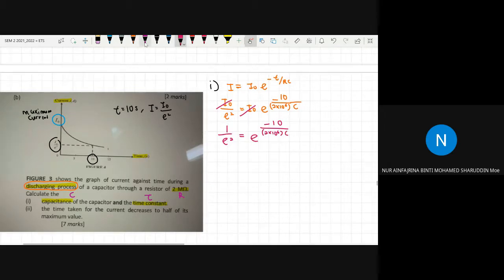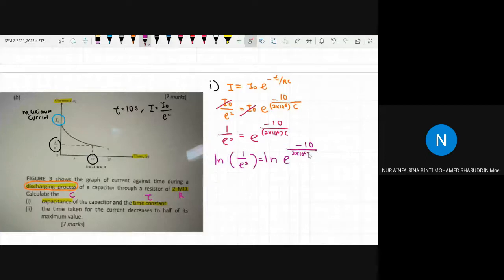So how do I get rid of the exponent, this e? What do we do? Math, log. Very good. Take ln on both sides. So ln of 1 over e squared equals ln e to the power of negative 10 over 2 times 10 to the power of 6 C. ln of 1 over e squared gives negative 2, and ln e is 1.